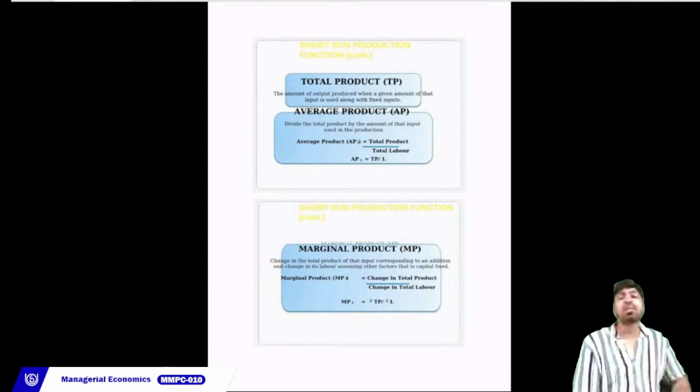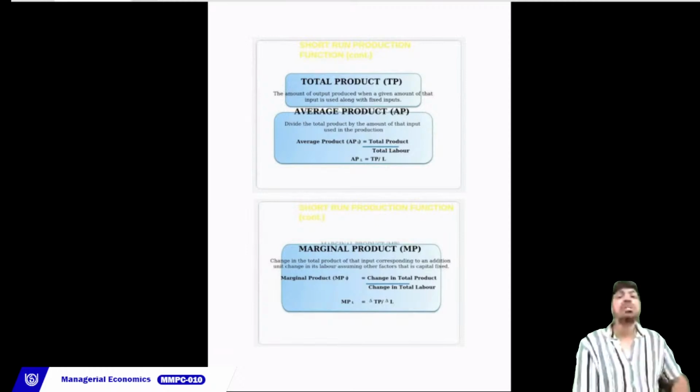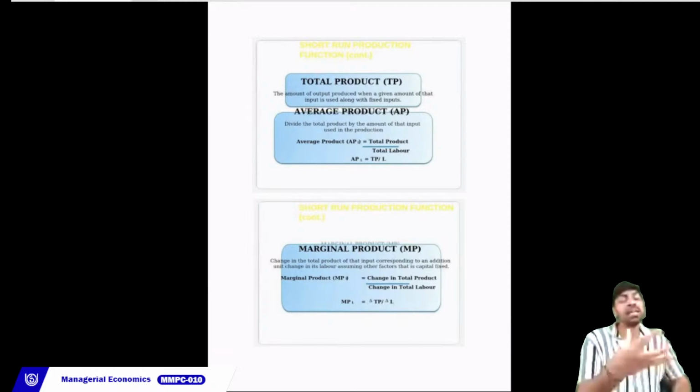Marginal product refers to the change in total product of that input corresponding to an additional unit change in labor, assuming all other factors are constant. So marginal product refers to the change in total product by adding an additional unit of one input, that is labor, assuming that all other inputs remain constant or fixed.